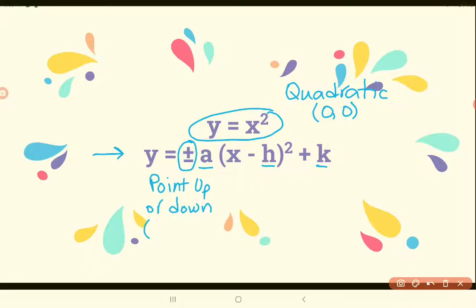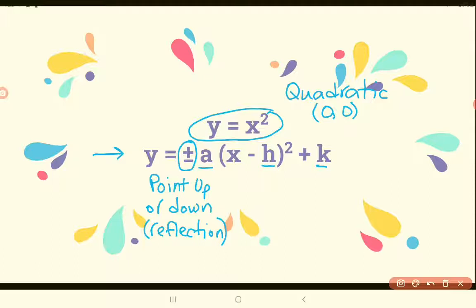And if it points down, we call that a reflection. Okay? So that's what the symbol out front tells me. If I have a positive number, I know that parabola is going up. If it's negative, I know it's pointing down. What does a stand for? a stands for any number that I could have put out in front of the parentheses. Okay?